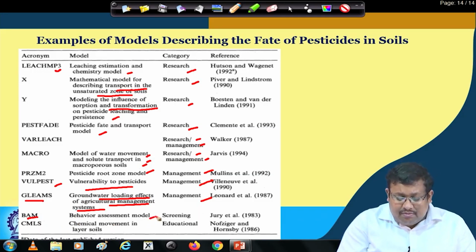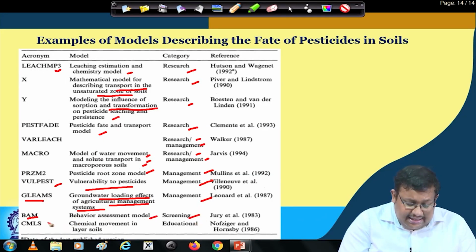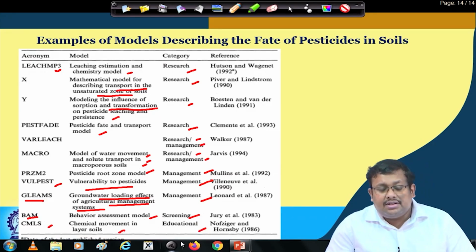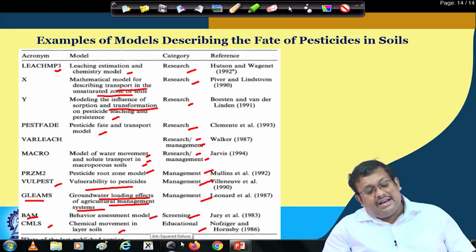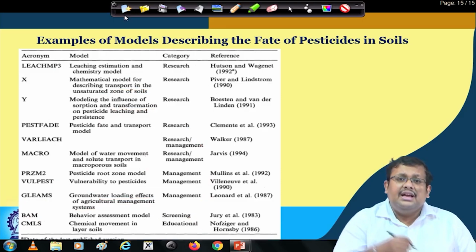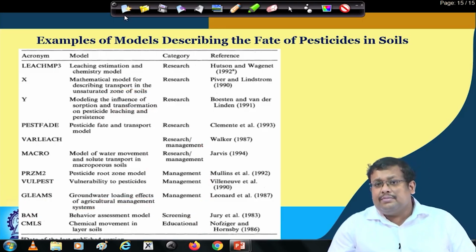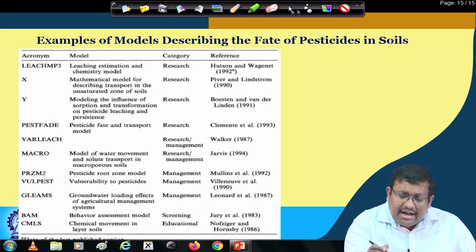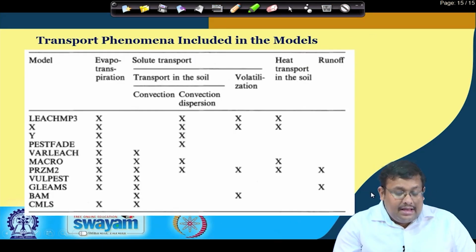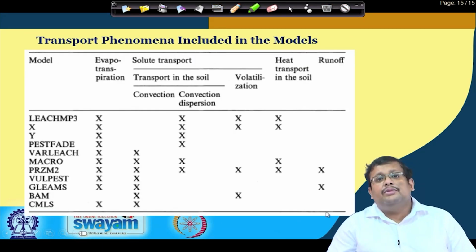So, behavior assessment model, which is a screening model, and this CMLS, which is a chemical movement in the layered soil, that is educational model or teaching model. So, these are some of the examples of models describing the fate of pesticides in the soils, and they can be also utilized for modeling other chemical compounds also.